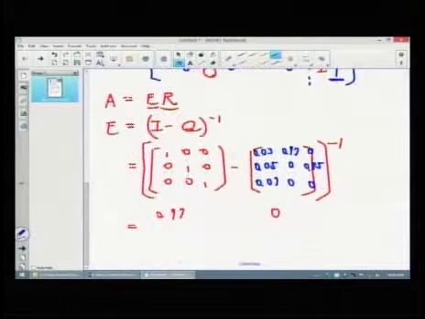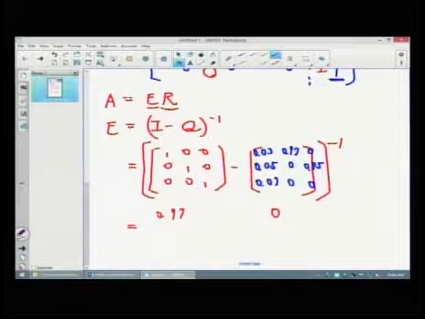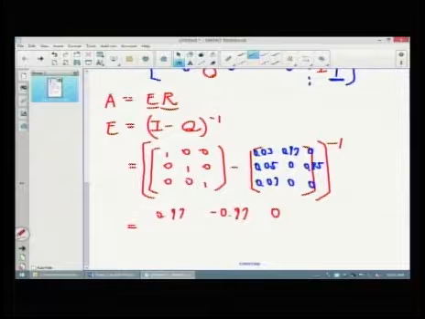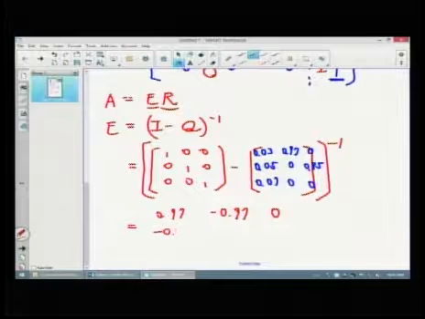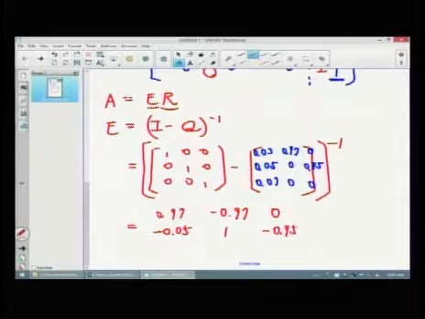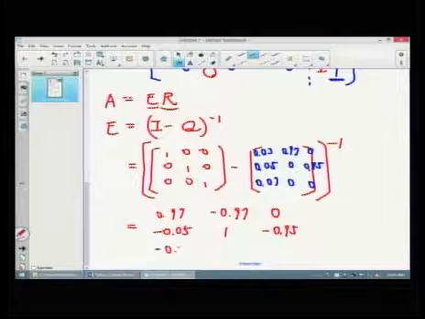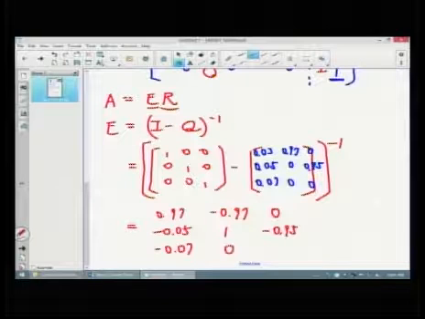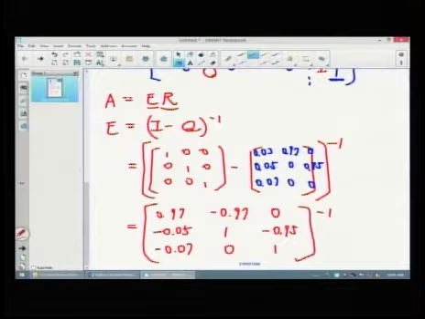So 1 minus 0.03 is 0.97. That's going to be negative 0.97, right? And then negative 0.05. 1, negative 0.95. Negative 0.07. 0, 1. And then we have the inverse matrix.